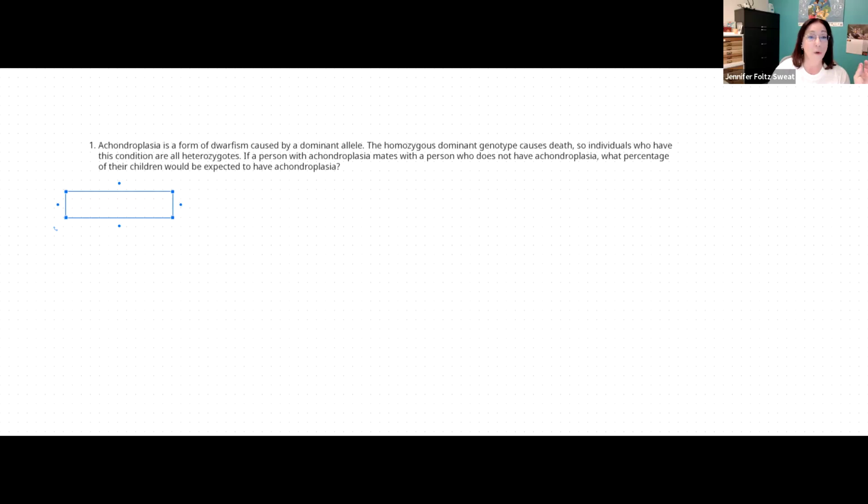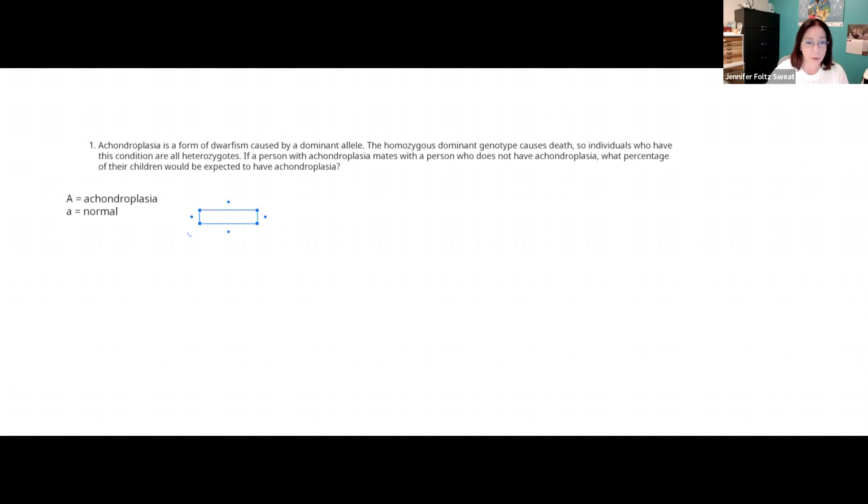So we know that the male, or just a person with achondroplasia, mates with a person who does not have it. So we know that one person is a heterozygote. Otherwise, they'd be dead, to put it bluntly. So we have big A, little a.